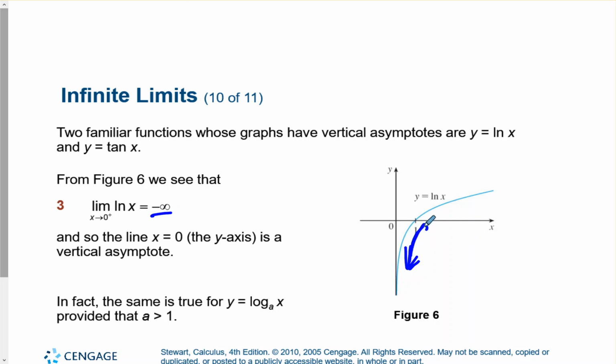So we're just going to approach negative infinity. Just remembering that the natural log function, the same thing is true for y equals log base a of x, as long as a is greater than 1. Okay, let's take a look at the tangent function.